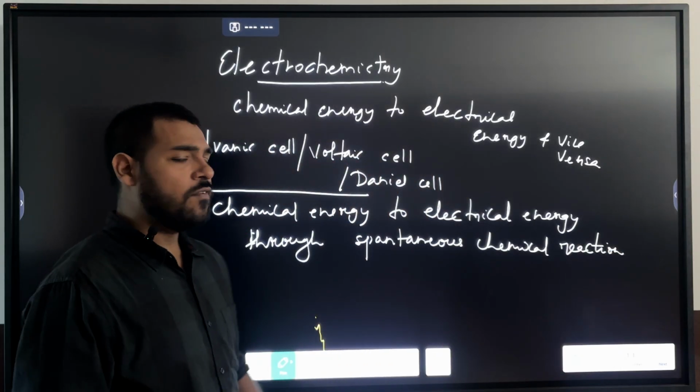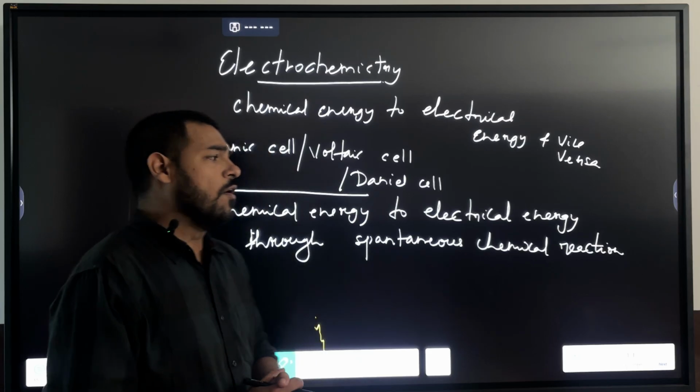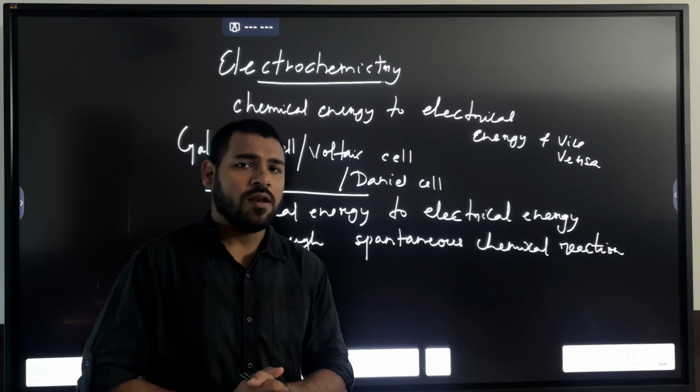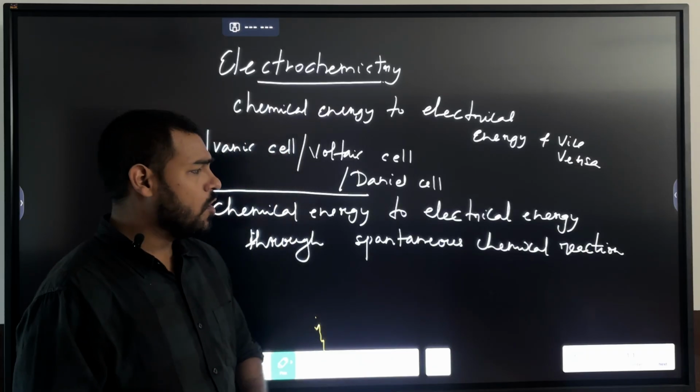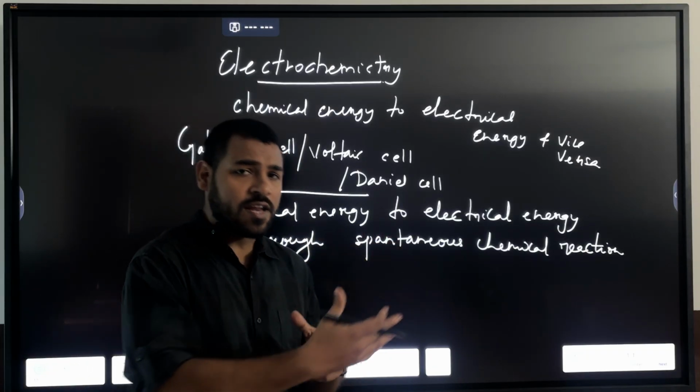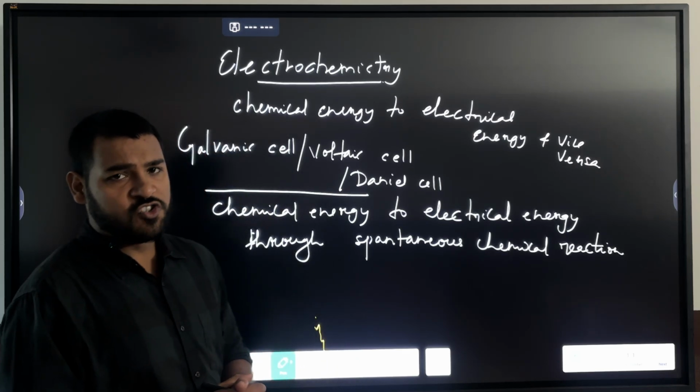So we are converting a chemical energy, which is a stored form of energy, stored in the chemical compounds, and where we have a spontaneous chemical reaction, which is converting it to the electrical energy. We are having electrical current from this cell.